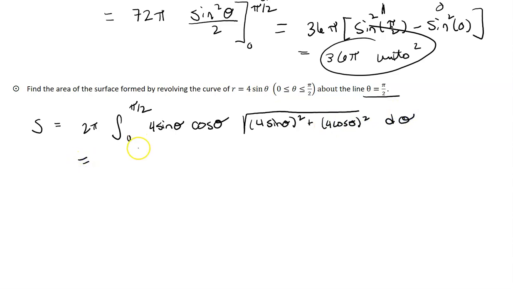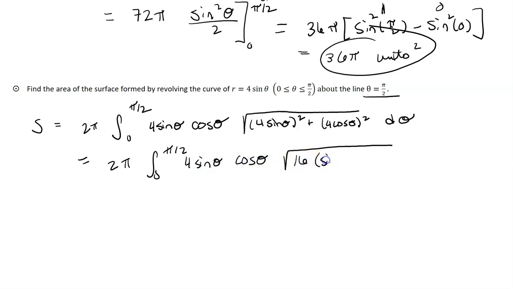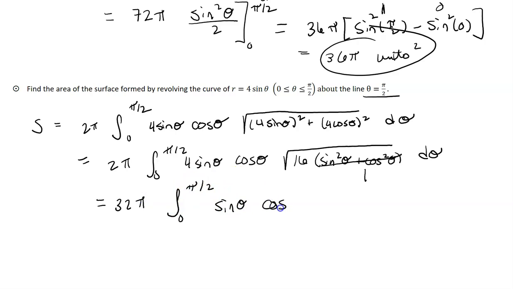So this is going to be very similar. If we have our 4 sine of theta, cosine of theta, we have the square root of 16 times sine squared of theta plus cosine squared of theta d theta. This goes away. 4 times 4 is 16, so we end up with 32 pi times the integral from 0 to pi over 2 of sine of theta cosine of theta d theta.